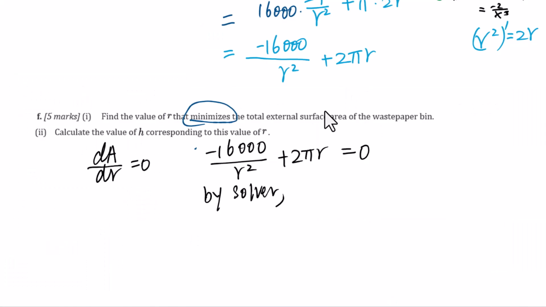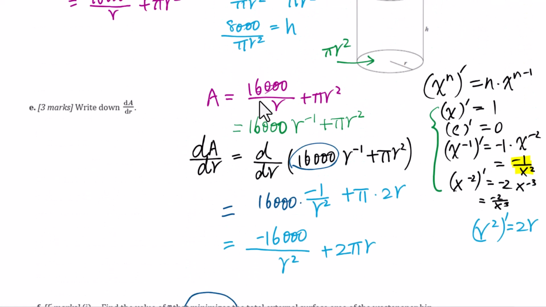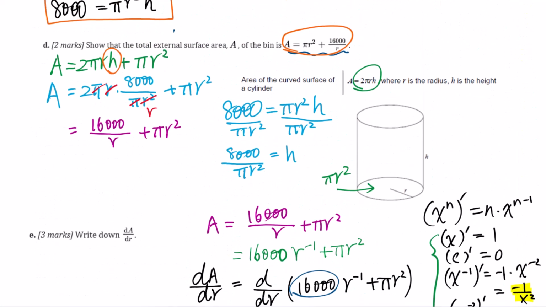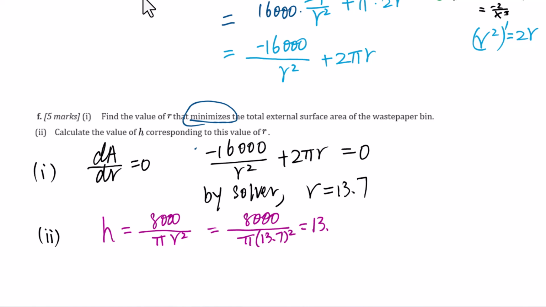By solver, r equals 13.7. Calculate the value of h corresponding to this value of r. We go back to this formula to figure out h equals 13.6 centimeters. You could say the height and the radius are almost the same.